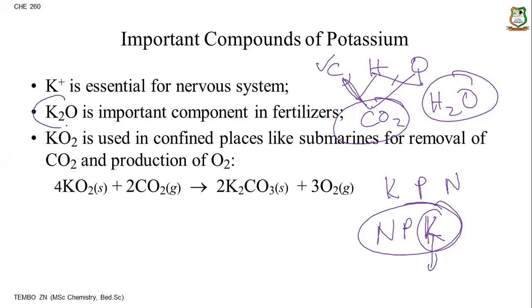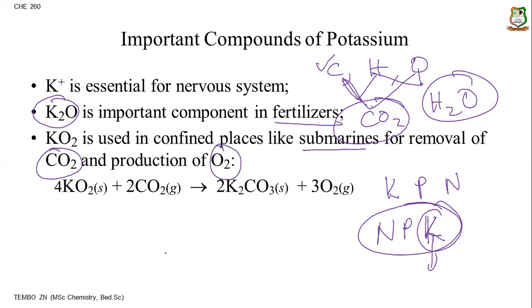So potassium oxide is going to be used very much when manufacturing fertilizers. I should also mention that potassium oxide, of course, is also used in places like submarines for the removal of carbon dioxide and the production of oxygen.